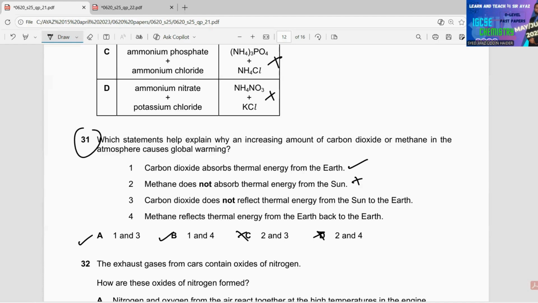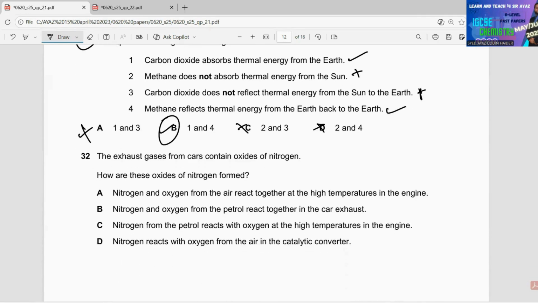This is incorrect. Statement 4, methane reflects thermal energy from the earth back to the earth. This one is correct. So B must be the right answer in this case. All the other choices are incorrect.